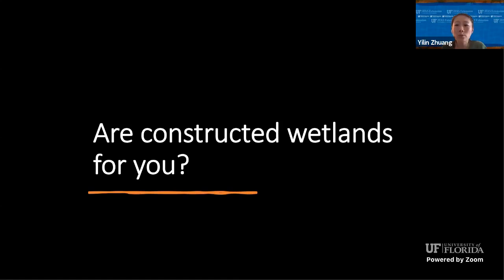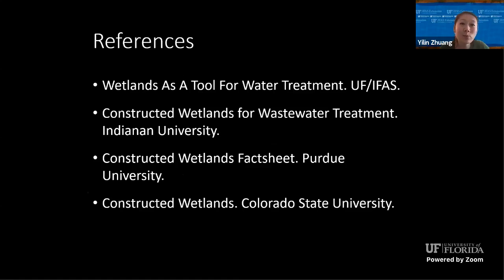Smaller versions can also be built to meet the needs of homes with failed septic systems. Constructed wetlands can help us improve water quality as we learn more and apply them effectively to treat various types of wastewater. So here are some references for this talk. This talk doesn't mean to give you a lot of technical information, just an overview of how we can utilize constructed wetlands to treat wastewater, utilizing this natural process to help us improve water quality.